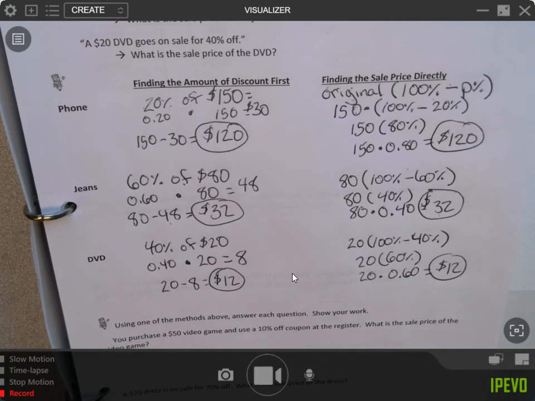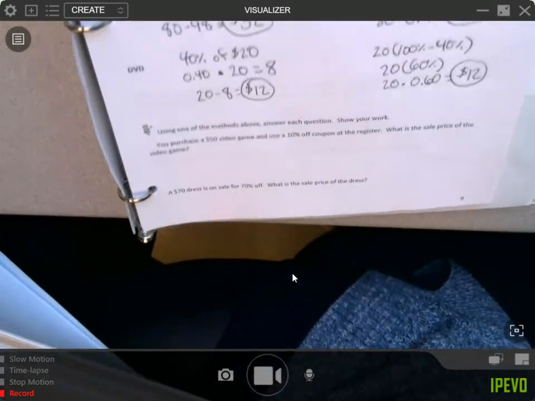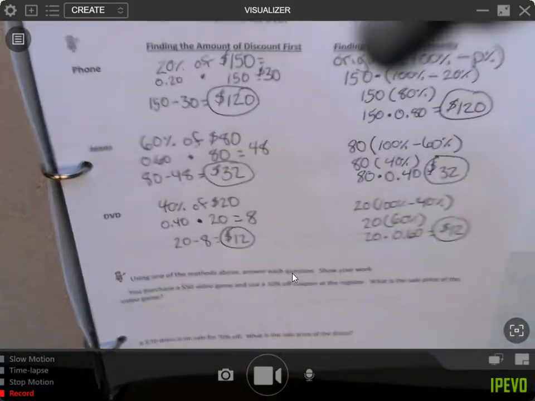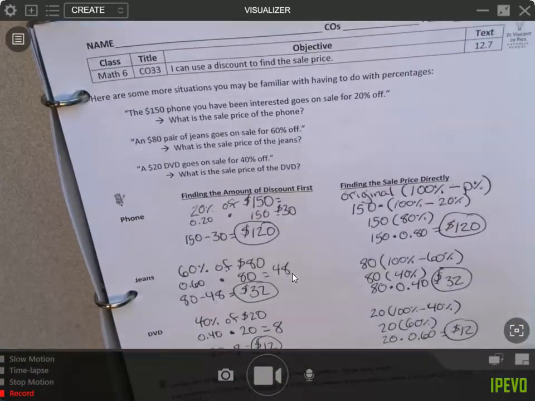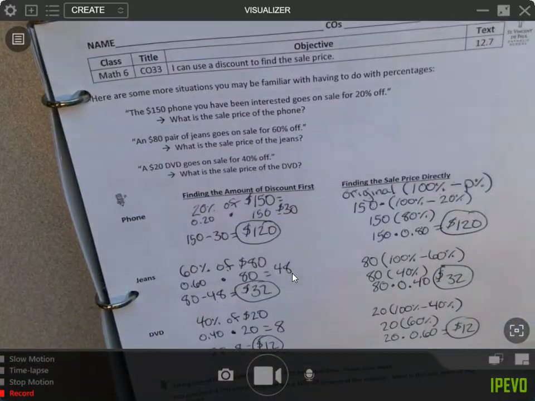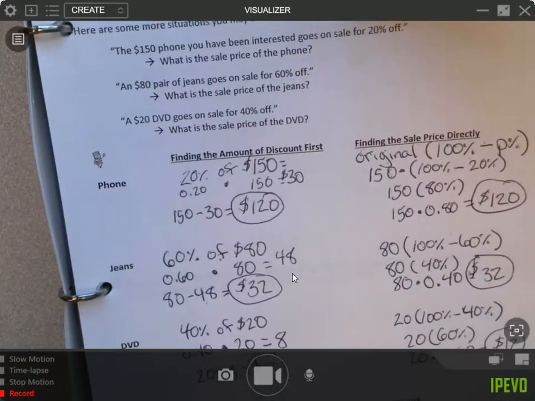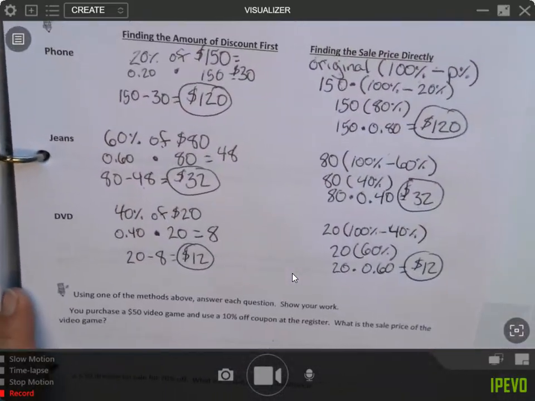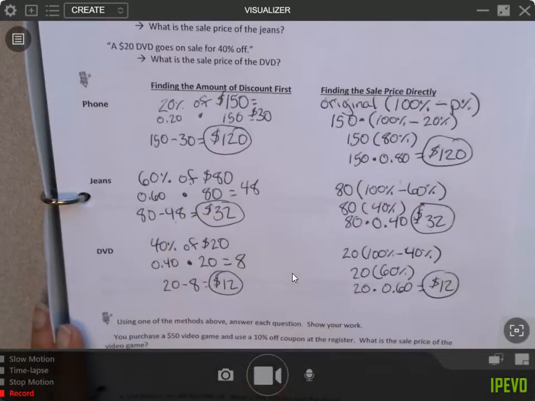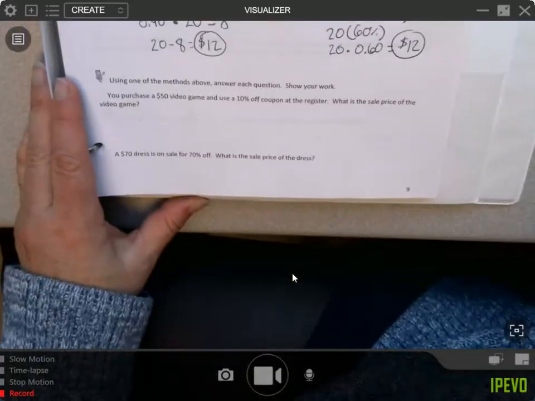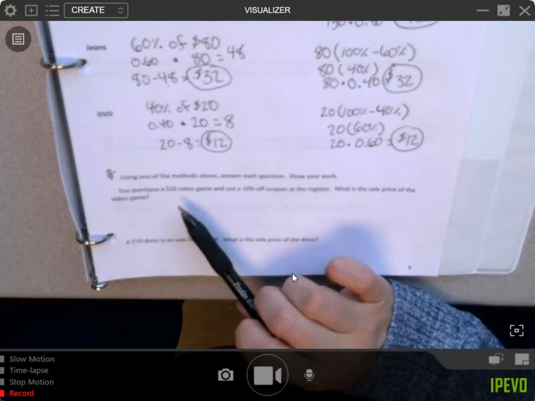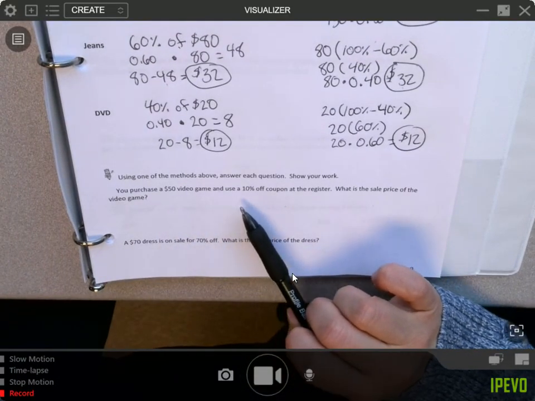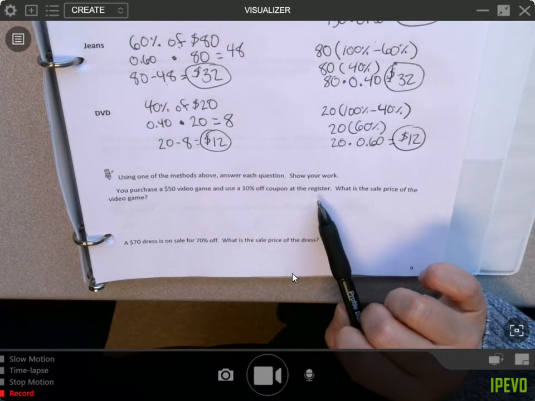Okay? On the bottom of the page, it says you purchase a $50 video game and use a 10% off coupon at the register.